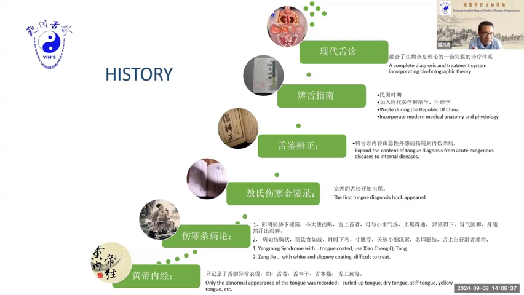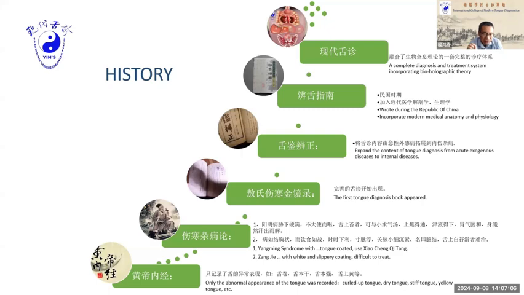At that time, the main diagnosis method was pulse reading, pulse taking. And this book recorded a few symptoms from the tongue, like curly tongue, dry tongue, stiff tongue, or yellow tongue, etc.